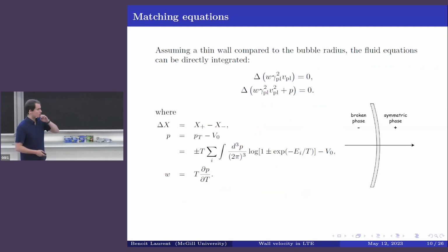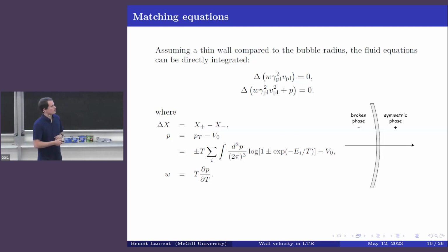And so now what we can do is assume that the bubble wall, the region where the scalar field actually varies, is very thin compared to the bubble radius. This is a good approximation if we wait long enough so that the bubble has become of Hubble size, roughly. And in that case, we can assume the wall not to be spherical, but just planar, because the curvature has become very small.